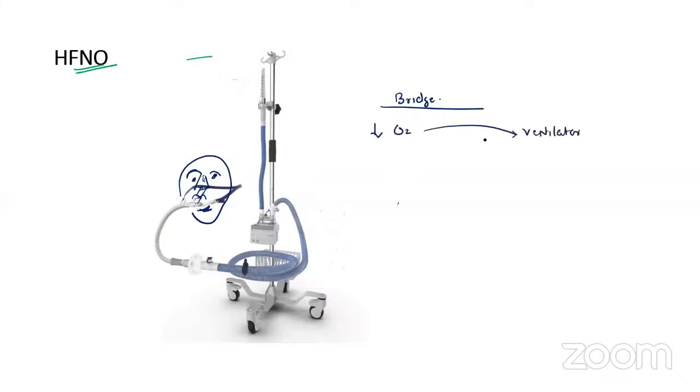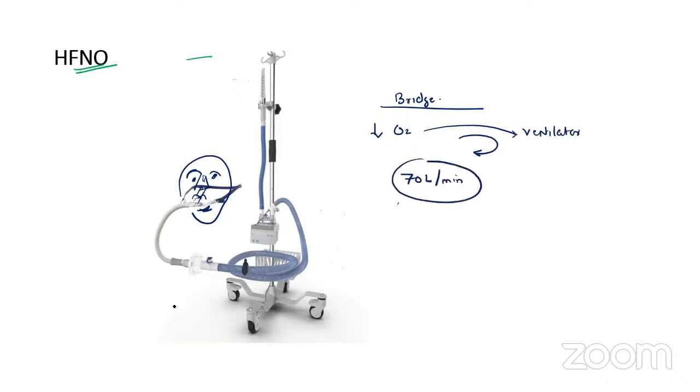Essentially, it helps us to bring the patient back from the gateway of the ventilator. It has saved a lot of people. The advantage is that it gives around 70 liters per minute of oxygen, such a high flow.